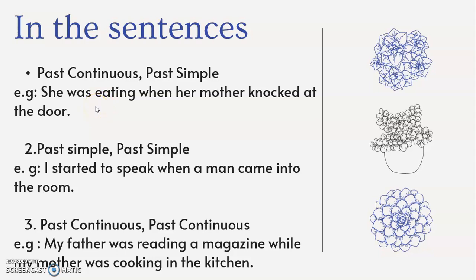Let's focus on eat and knock. Which kind of verb needs a longer duration than the other? Of course, eat needs a longer duration than knock. That's why it must be put in past continuous, and then knock in past simple.